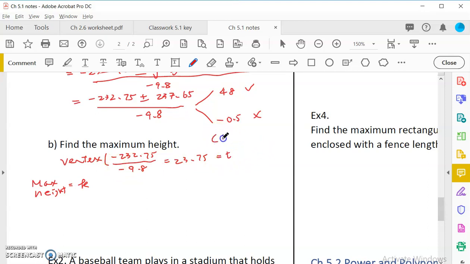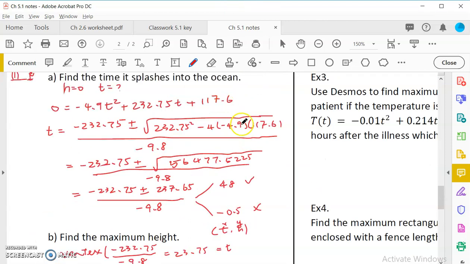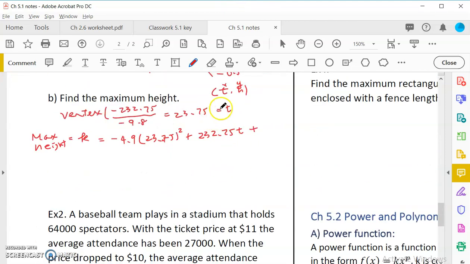Because each point is t and h, they don't use x, y. The y is the h. So that would be negative 4.9 times 23.75 squared plus 232.75 times t plus 117.6. Just plug it back in. t is actually 23.75.